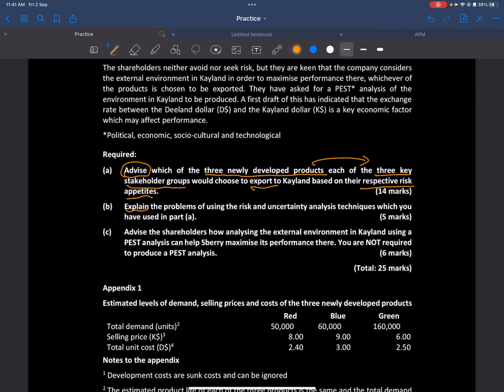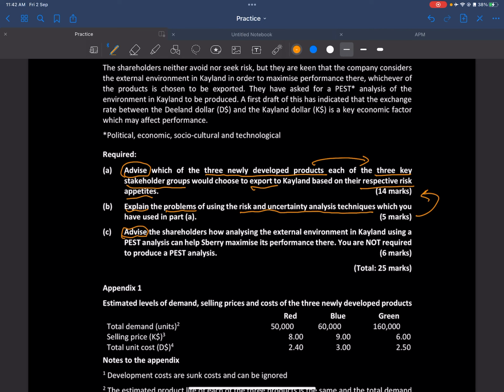We need to explain the problems using risk and uncertainty analysis techniques, right? Which you have used in part A, right? So whatever we did over here in part A, we just need to come up with the problems of it, right? And C is what? Advise the stakeholders how analyzing the external environment in K-land using PEST can help Asbury maximize its performance there.